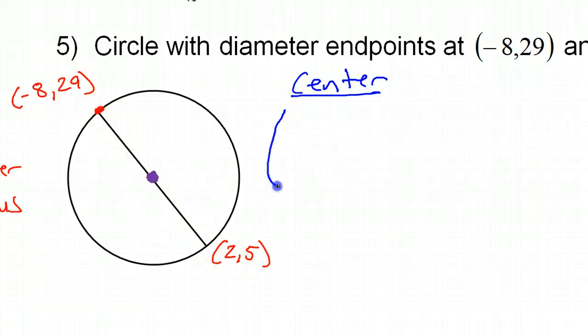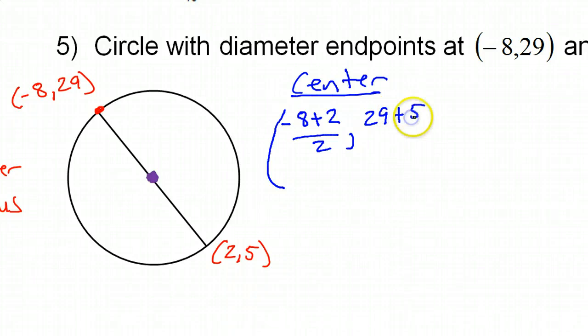And the way you find the midpoint is you find the average of the x's and the average of the y's. Average, that means you add them up and divide by 2. So looking at the x's, -8 plus 2 divided by 2. And looking at the y's, 29 plus 5 divided by 2. This is going to give me my center.